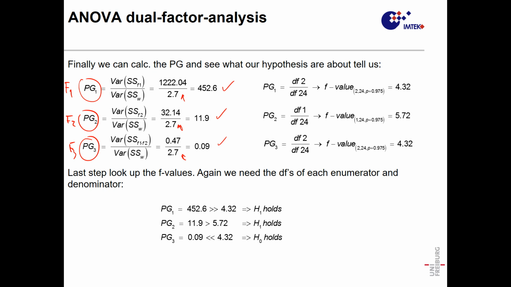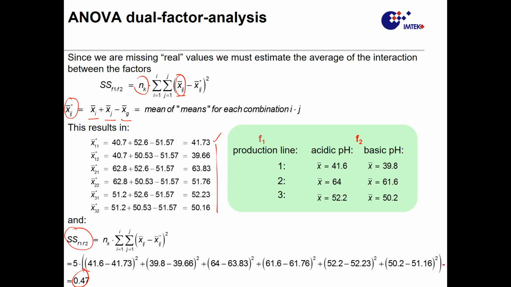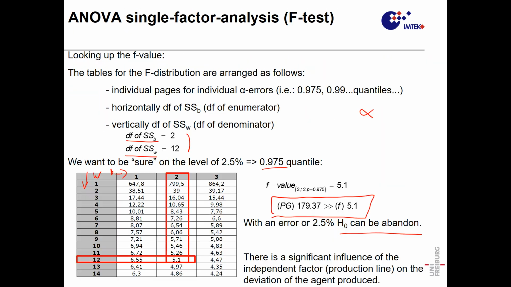Now we have to calculate our critical point. And how do we do this? Well, each of these F values has degrees of freedom, and we will always compare to some alpha. In this case, we again continue with 0.025. So we go to our table here. Degree of freedom numerator, denominator.